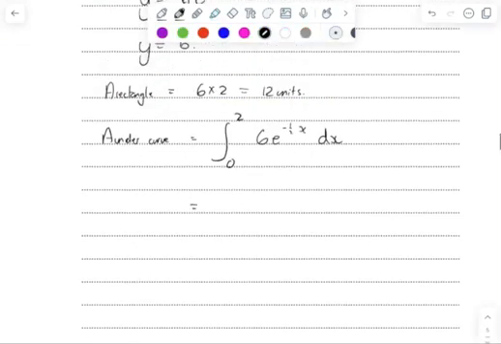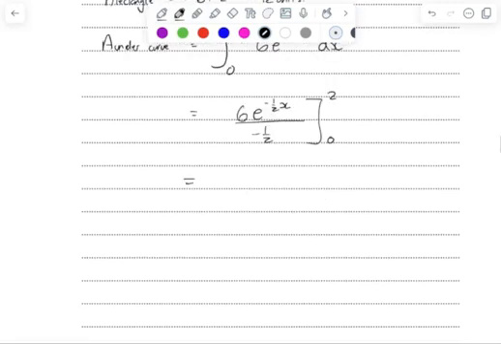Okay, so to integrate this, I keep my coefficient, I integrate my e, and then I divide by the coefficient of x, and I can do that because my inner function is linear. So 6 divided by minus a half.